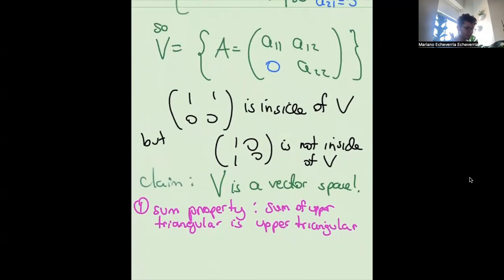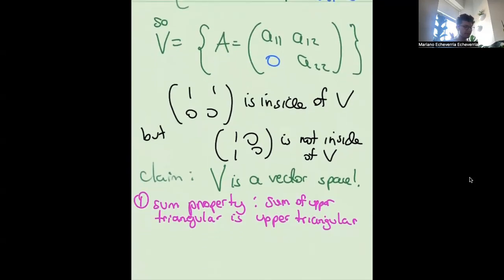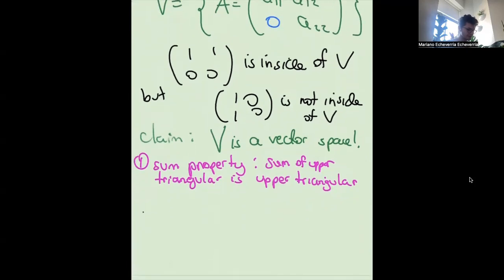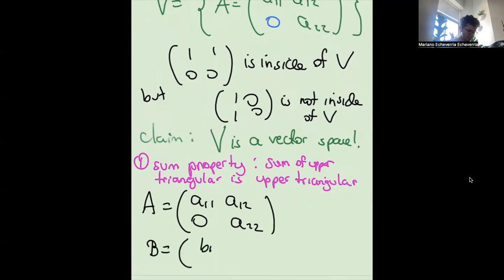Remember that the sum property means if you have two elements inside the set, then the sum has to be inside the set as well. So here, let's take A to be A11, A12, 0, A22, and V11, V12, 0, V22.